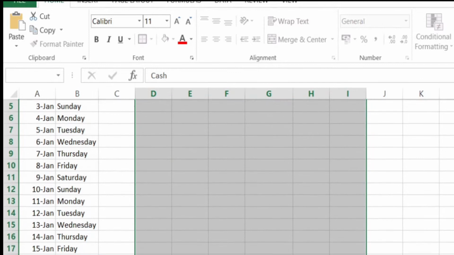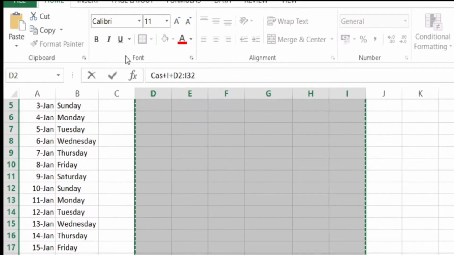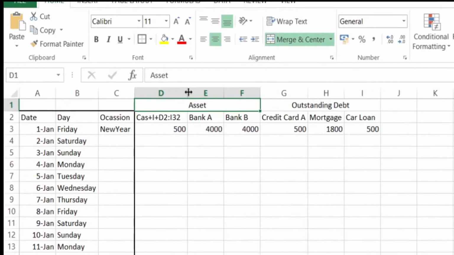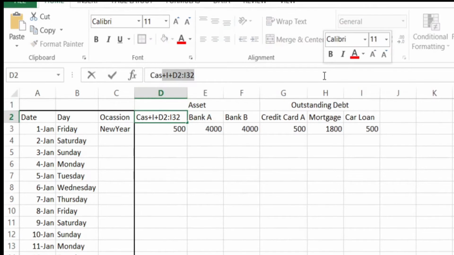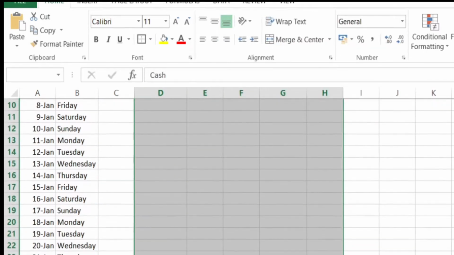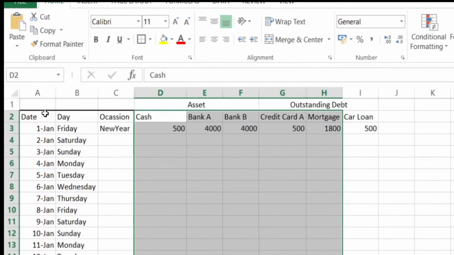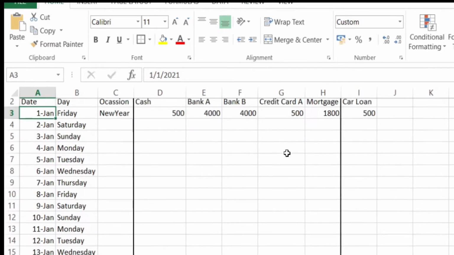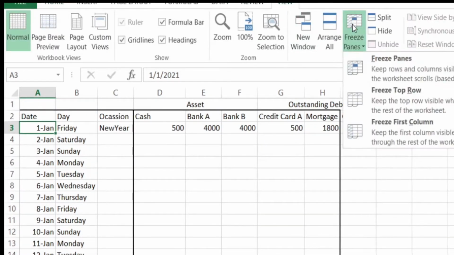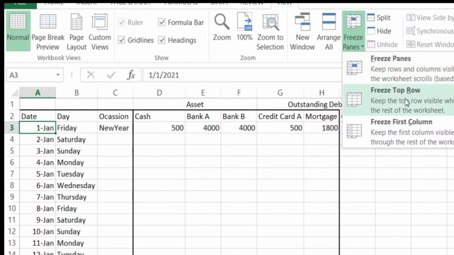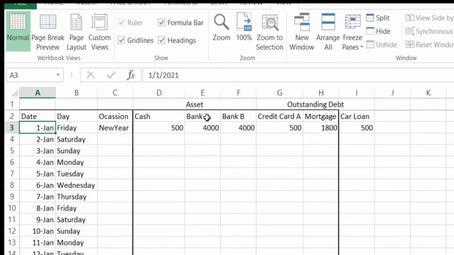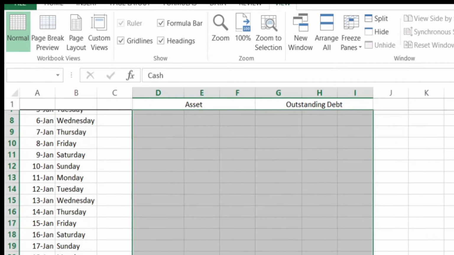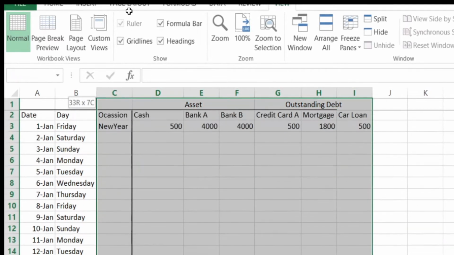Okay, then after finishing this, you click here for tick border. Because you always scroll and cannot see, it's easy: you go to View, then Freeze Panes, and click Freeze Top Row. I need to have up until here with the tick border.